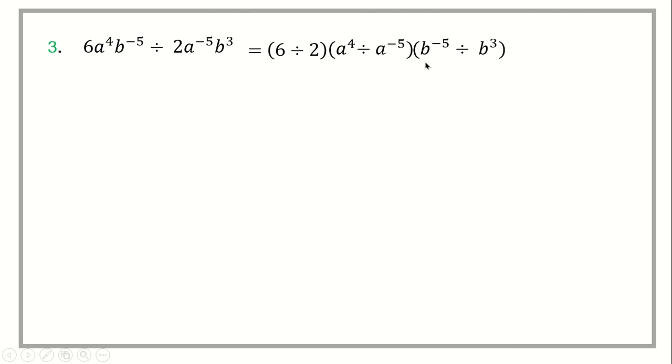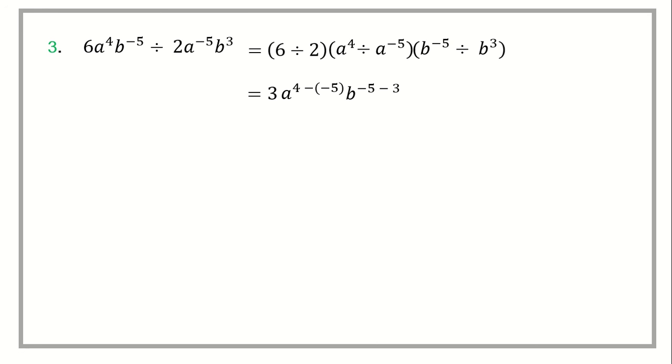Okay? Now, we know that 6 divided by 2 is 3. Then we get a to the power of 4 minus negative 5. Then we get b to the power of negative 5 minus 3.